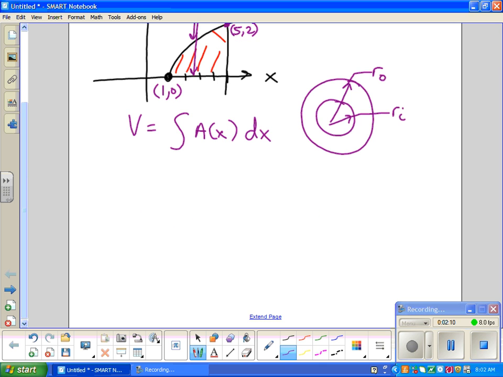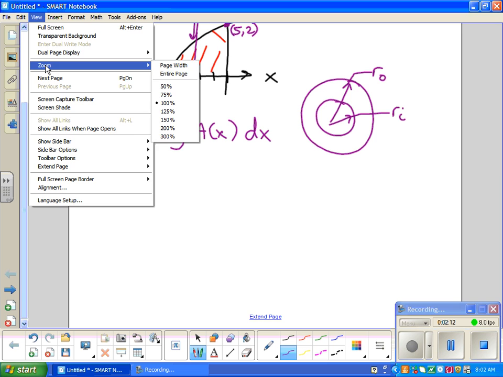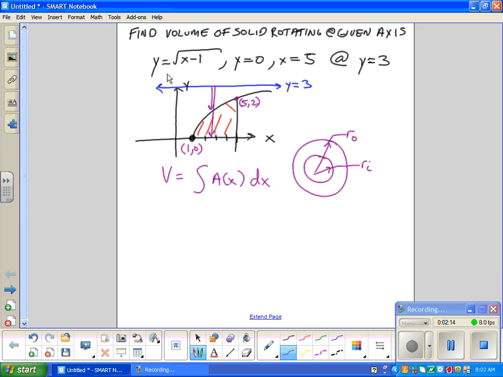So if I do that, and again, if I'm going to do it on the x-axis, my limits are going to go from 1 to 5. And my A(x) this time is pi RO squared minus pi RI squared dx. But you can't just use the function now. You're going to have to define the RO and RI.